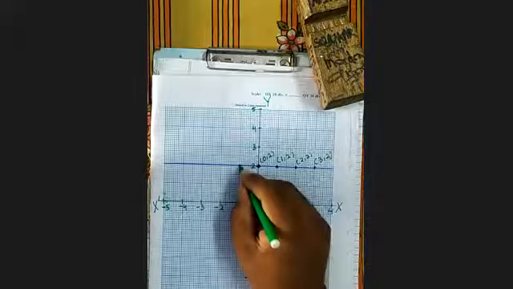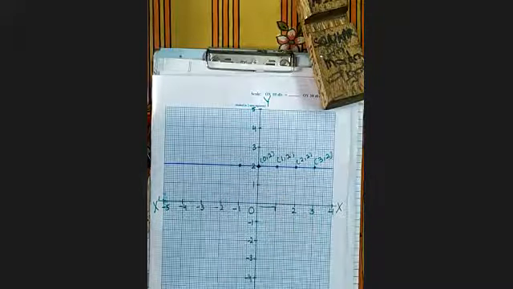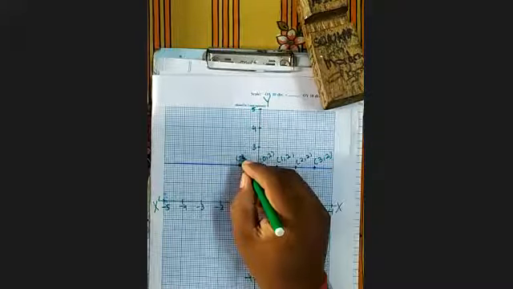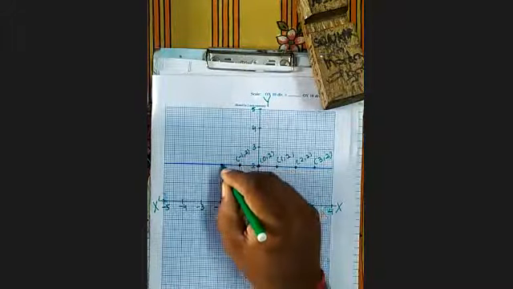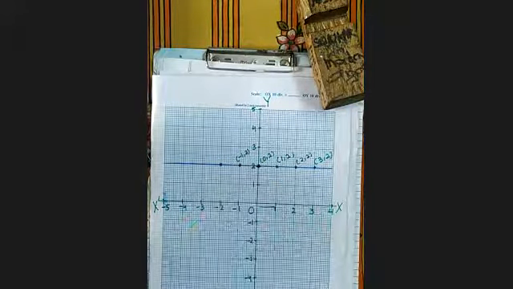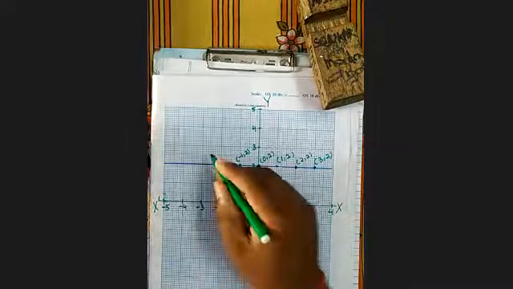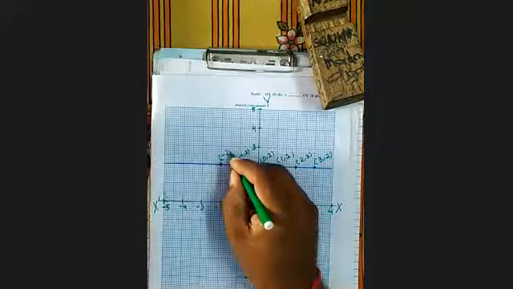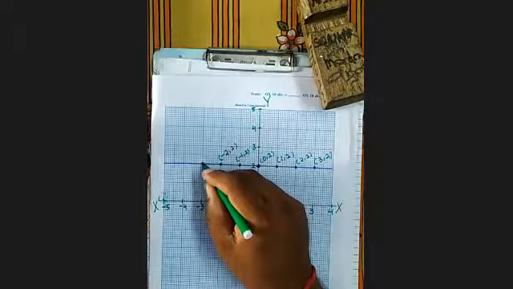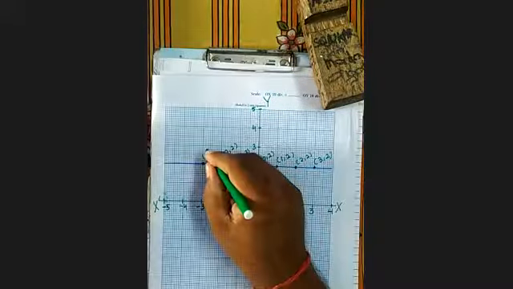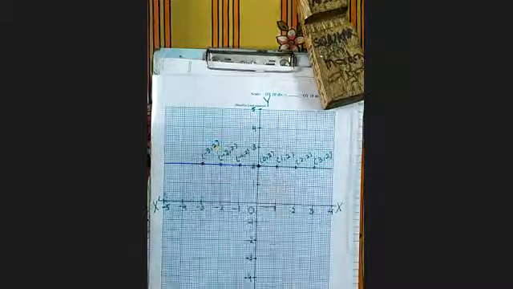What is the coordinate of this point? -1,2. Of this, -2,2. Of this, -3,2. It is clear.